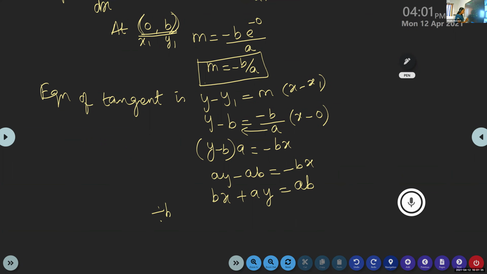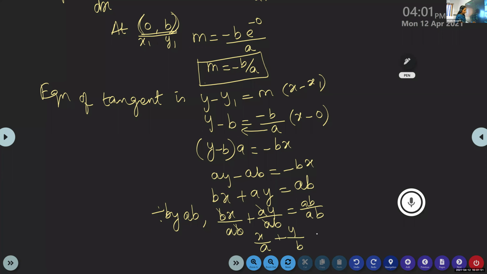So divide each term by ab. So bx by ab plus ay by ab is equal to ab by ab. The b will get cancelled, so x by a plus y by b is equal to 1.